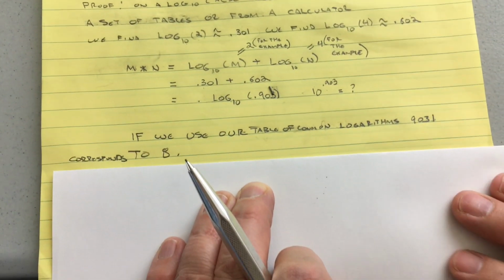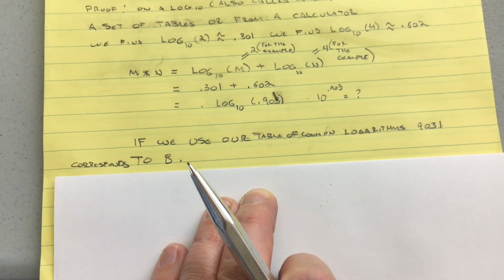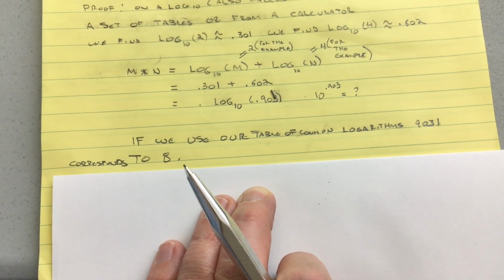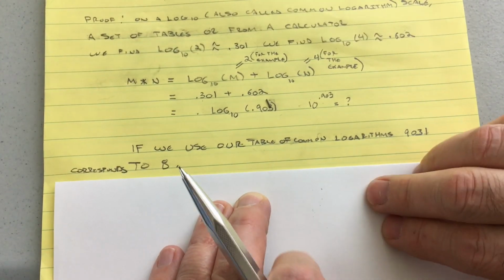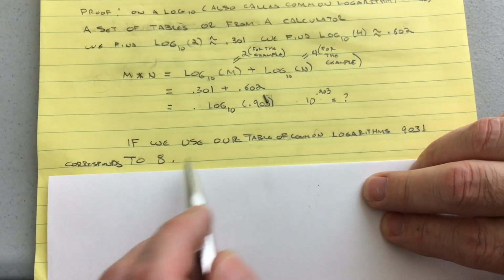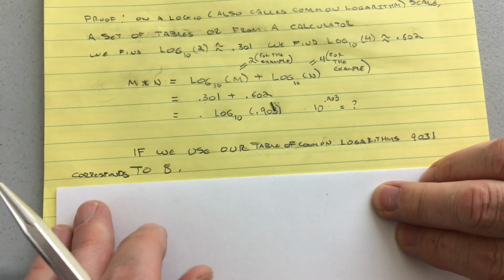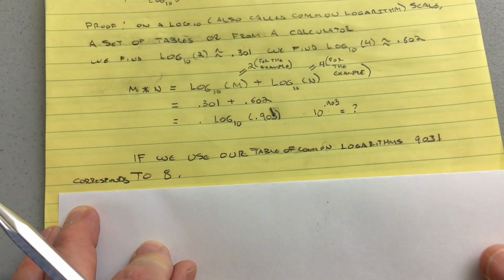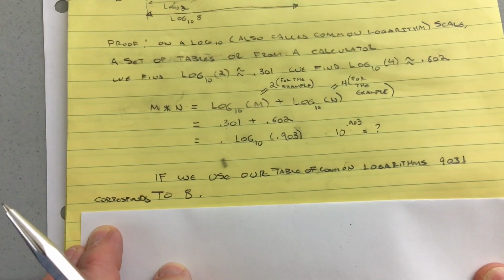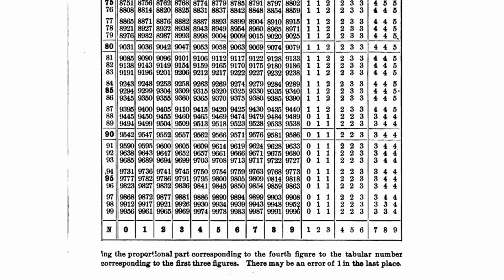So I'm now going to put back in frame our second table of logarithms to show you that I'm going to look up this value on a table and see what it corresponds to. You'll see it corresponds to a value of 8, but I want to prove it to you so you see it for yourself. I'm going to take this page off screen, and now I'm going to put my table of logarithms on screen. So I look down my table.